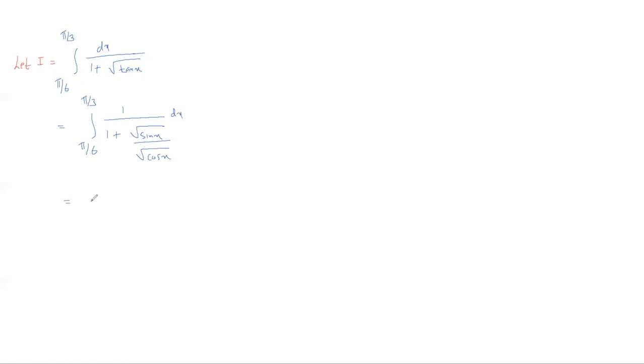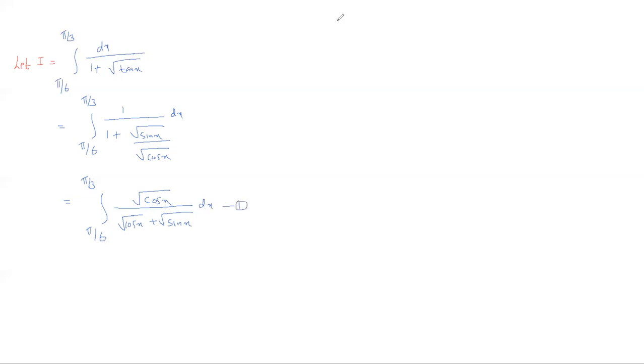So this will become integral pi by 6 to pi by 3, डिनोमिनेटर में ऐसे आएगा root cos x plus root sin x, the whole divided by root cos x, that will go numerator cos x dx. This is your 1.